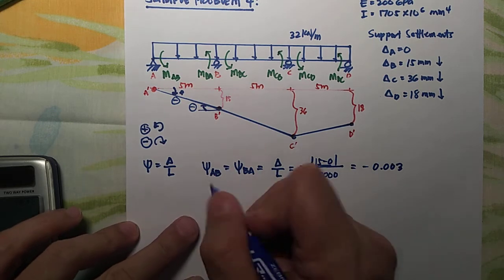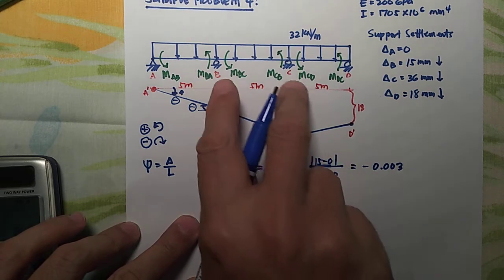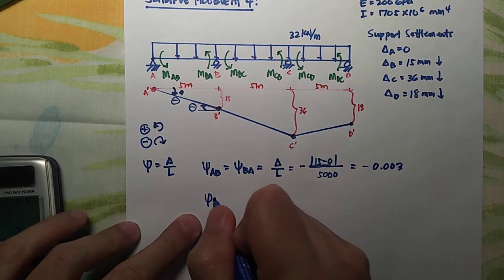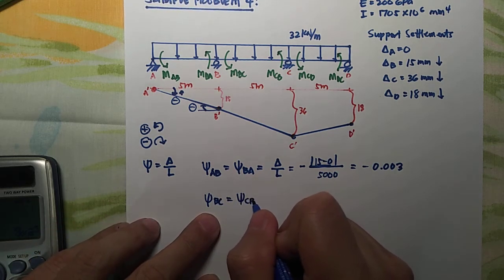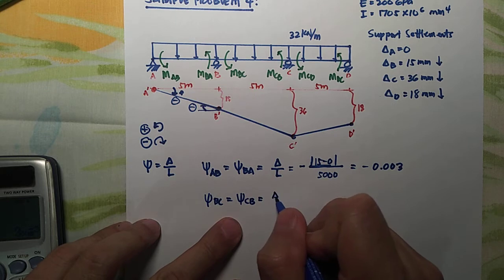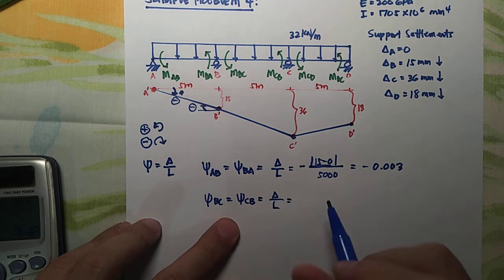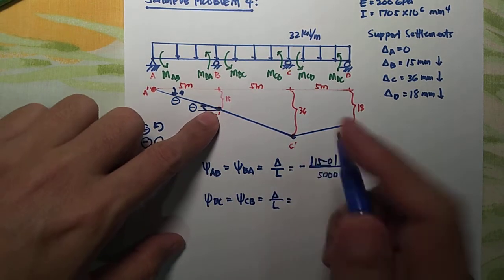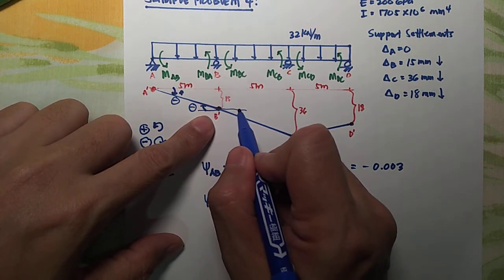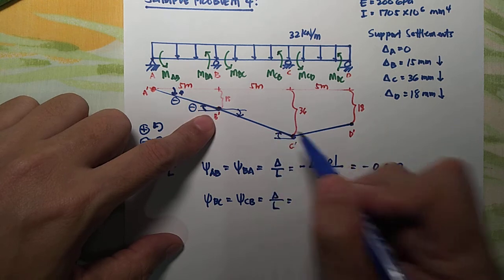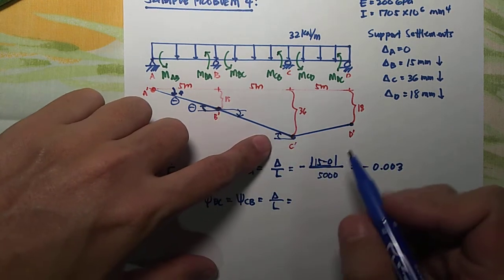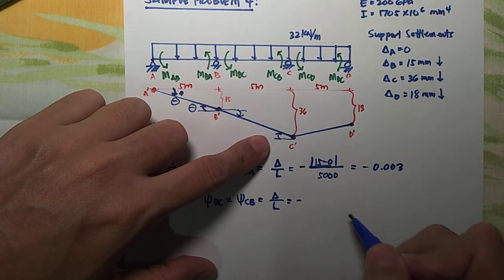Okay, let's say, what is the psi for segment BC? The psi on BC is the same with the psi on CB. And that would be delta over L. Now, tingnan mo yung B tsaka C. Diba? From here, it is clockwise. From here, this is also clockwise. So, clockwise, so negative ang sign natin dyan.